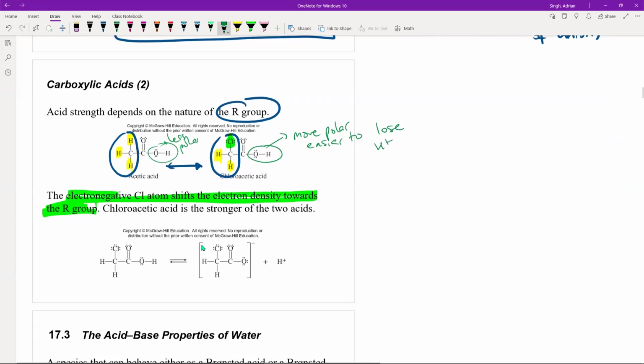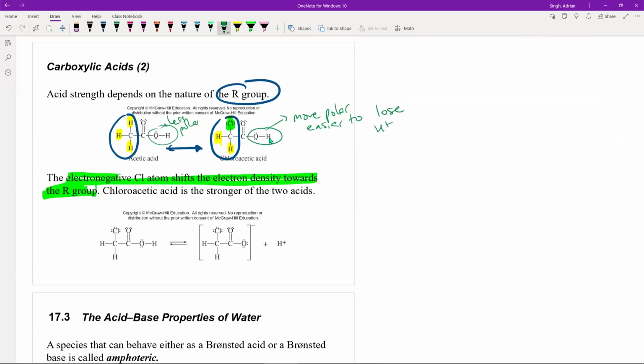So out of those two, the chloroacetic acid would be the stronger of the two. Okay, so the Cl helps to further stabilize the conjugate base. And that means then that the acid is going to be stronger.